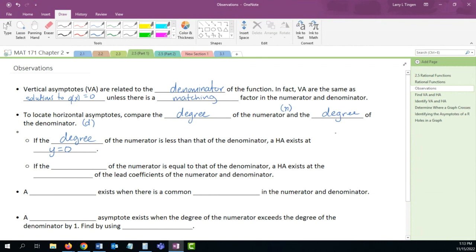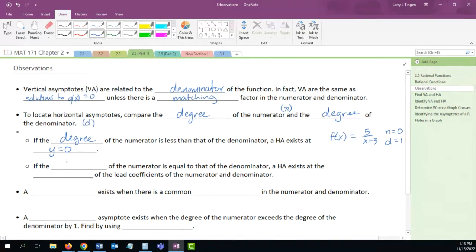So, for example, f of x is equal to 5 over x plus 3. The numerator has a degree 0, the denominator has a degree 1. So as x goes really, really big, the denominator keeps growing, which means this fraction in its entirety goes towards 0. So that's why we end up with y equals 0.